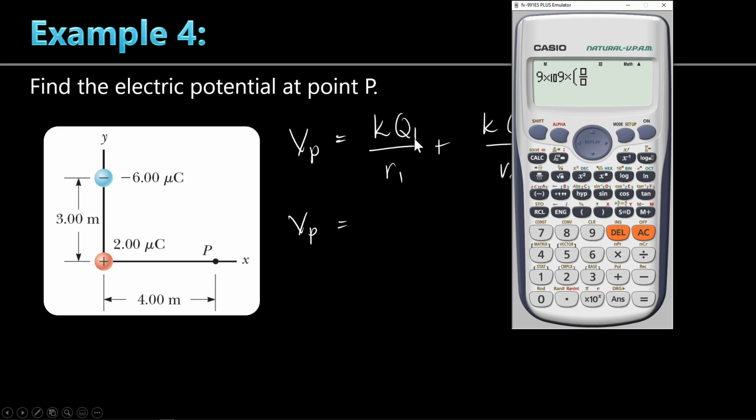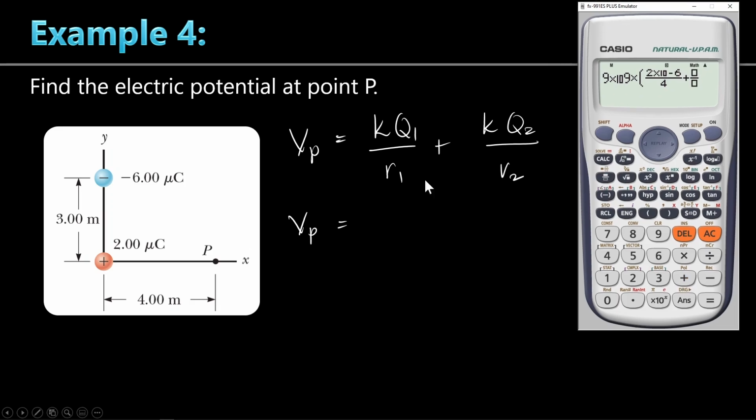So, dun sa una, Q1 over R1. Assuming ito yung Q1 ko. Positive 2 microcoulomb. So, ilalagay ko lang 2 times 10 to the negative 6 divided by, gaano siya kalayo sa point P? Ayan, 4. So, 4. KQ over R. Tapos, plus. Then, pangalawa, common factor yung K. Yung Q2 natin negative. Isasama natin yung sign. Negative 6 times 10 to the negative 6. Kasi micro.